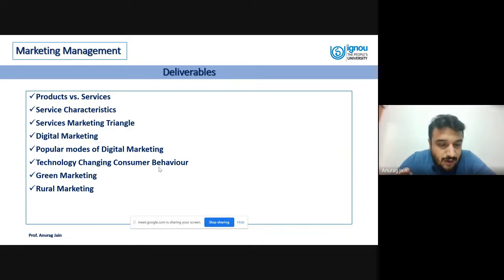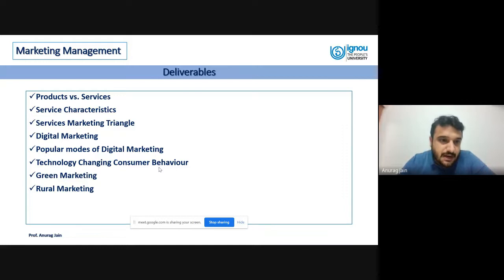Though the people living in cities and towns have resources that they are deprived of, they are equally capable of generating demand, needs and wants, and their needs and wants are certainly different from the people residing in cities and towns. So what kind of approach is required in terms of marketing to them? We'll talk about this as well. These are the major set of discussions for today.